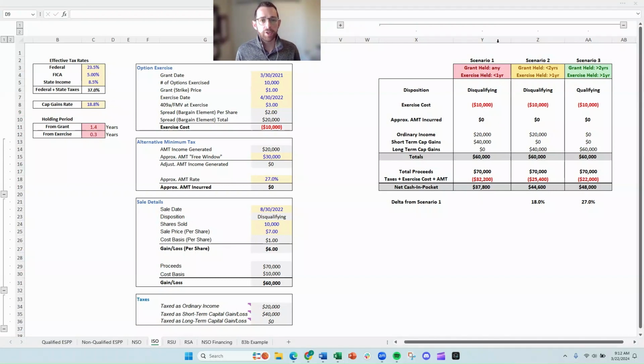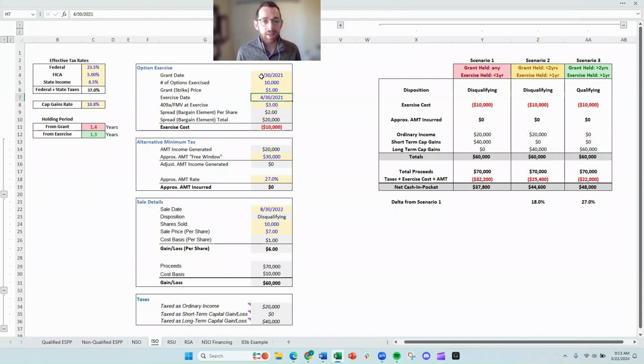So now for scenario two, let's assume that we still had a disqualifying disposition, but we held the shares for more than a year. And in that case, the example might look something like this, where this changes to April of 2021. The grant was given to us on the 30th of March. We're going to assume that there was no cliff. And so we exercised a month later on April 30th of the same year. And then we sold on August 30th of 2022.